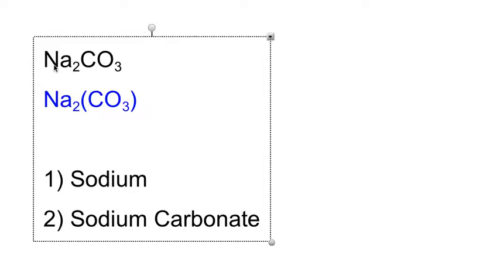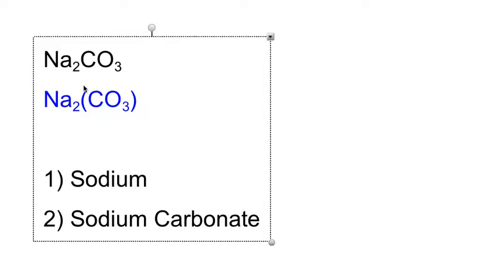So here we have Na2CO3. Now, in the black, this is how it's normally written, where I have one molecule of CO3, carbonate. I want you, at least for now, to put parentheses around all polyatomic ions.